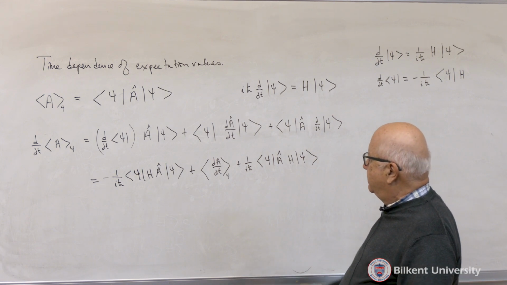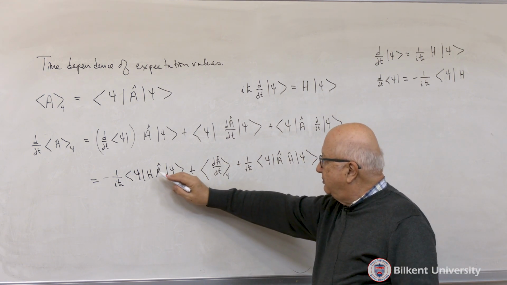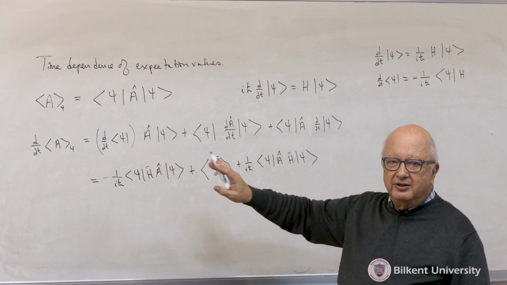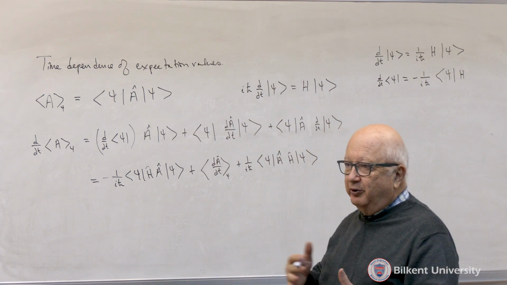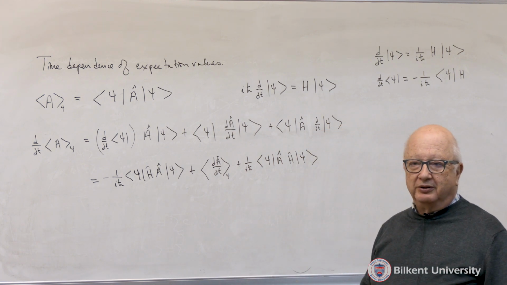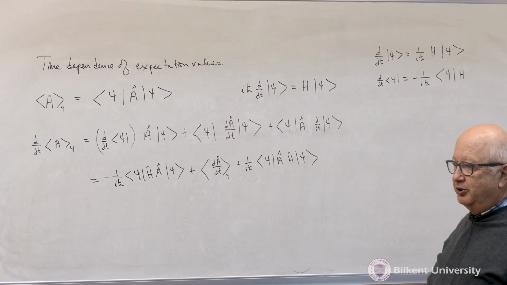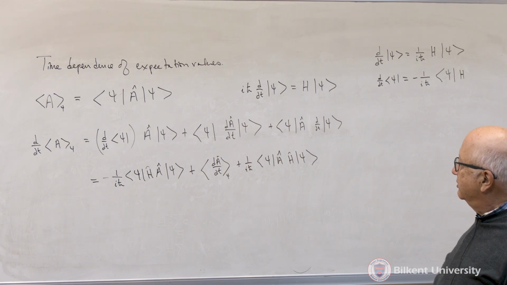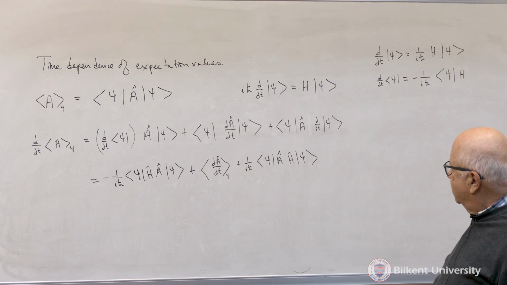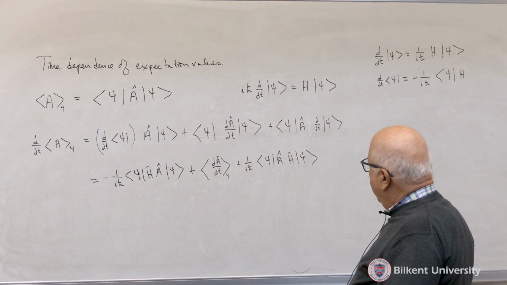Yes, A is an operator. H is the Hamiltonian operator. At some point I'll just stop dropping these hats on operators because we are not going to go back to the original space in which we analyzed the Schrödinger equation. So from now on we'll work only with Dirac notation, and at some point I'll drop certain redundant nomenclature.